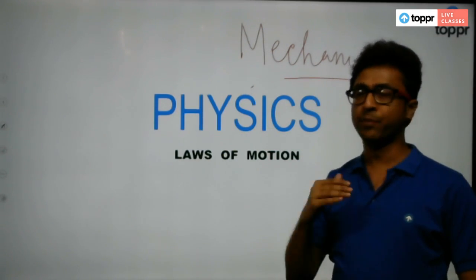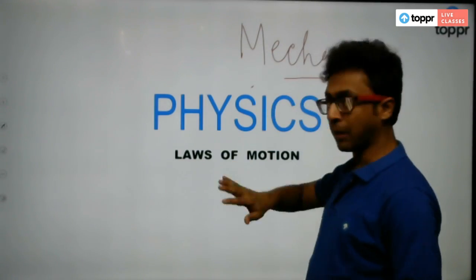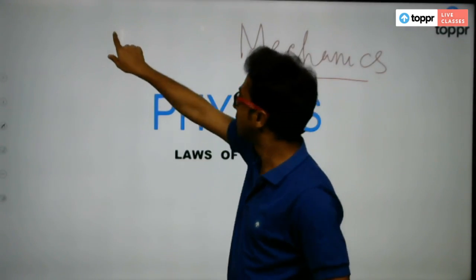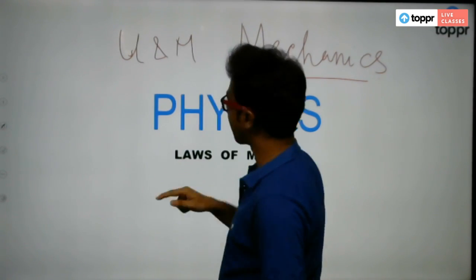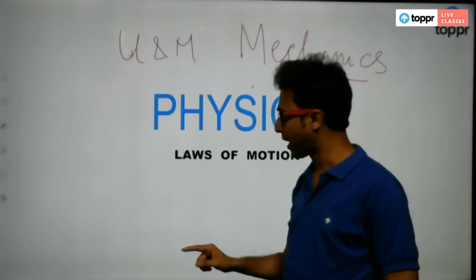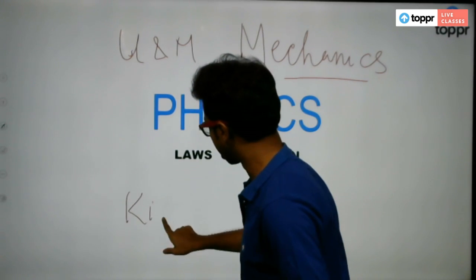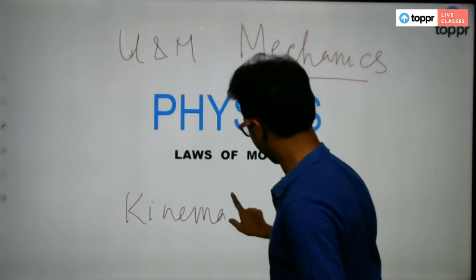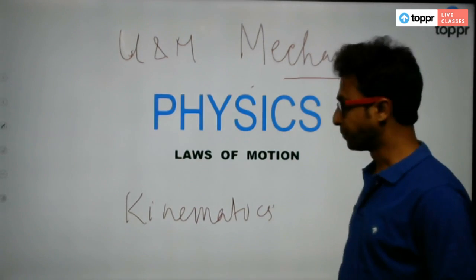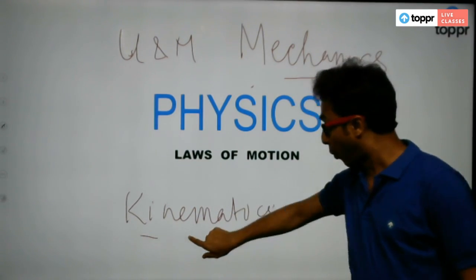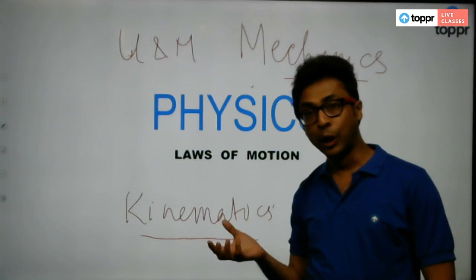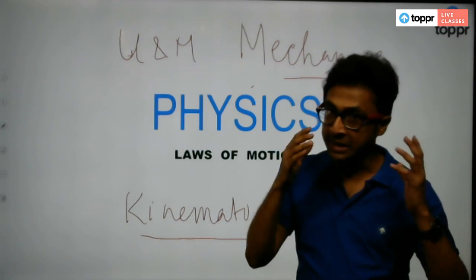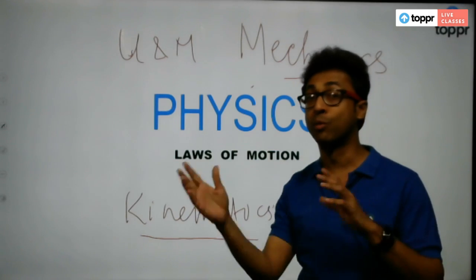So already in the previous classes you have completed units and measurements, isn't it? And also I think you have done kinematics. Now see, what does this word mean, kinematics? It is dealing with bodies which are in motion.